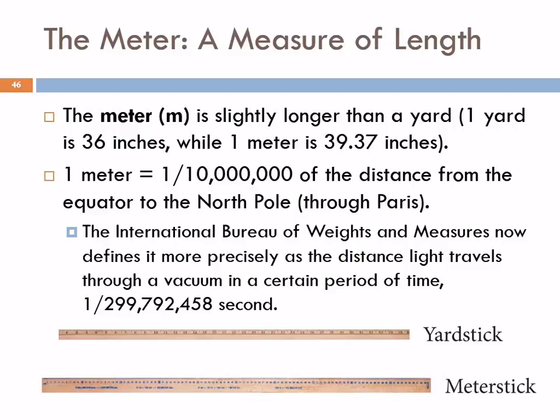One of the things that the SI system did was redefine some of these base units. And it's now defined based on how far light travels in a certain amount of time. One of the important things to have in a system of units is a way to very precisely identify how long the unit is.